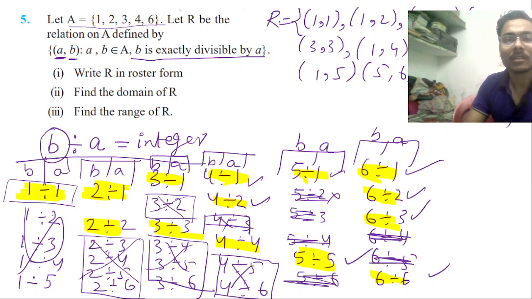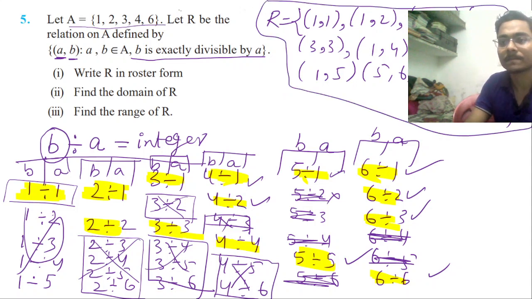So this is the whole relation they have defined in roster form. Now we will simply have to write the domain and range.